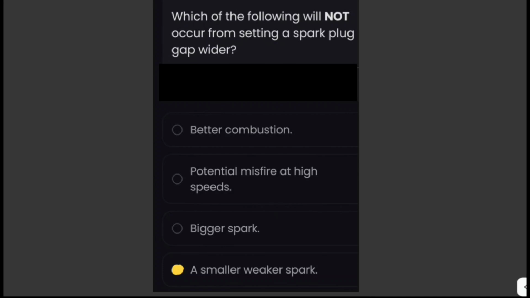This is because the spark has to travel a long distance between the electrodes. A bigger spark can lead to better combustion, which can result in increased engine performance and decreased fuel consumption. However, a wider gap also requires more voltage to jump, which can lead to misfires, especially at high speeds. Therefore, a smaller, weaker spark will not occur from setting a spark plug gap wider.